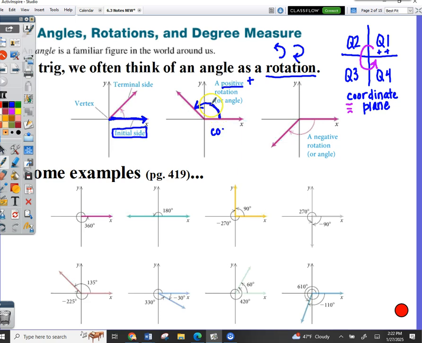Counter, thank you. Y'all do have a little bit of a higher expectation to answer me because there's only so few of you in here. This is counterclockwise. Okay? A negative angle, initial side starts here, but then that terminal side drops down and rotates this way. So what direction is this called?